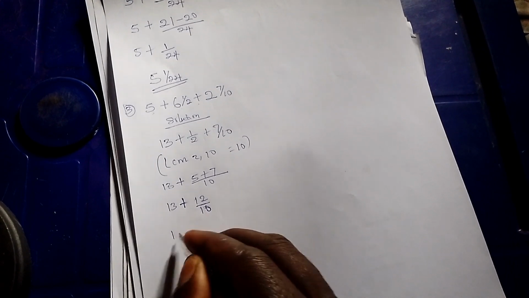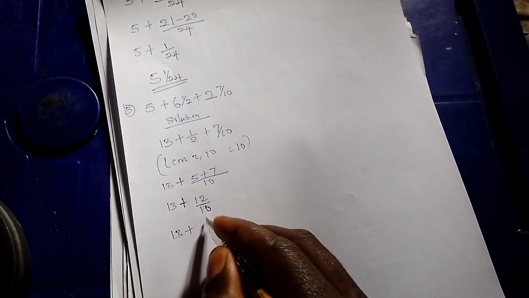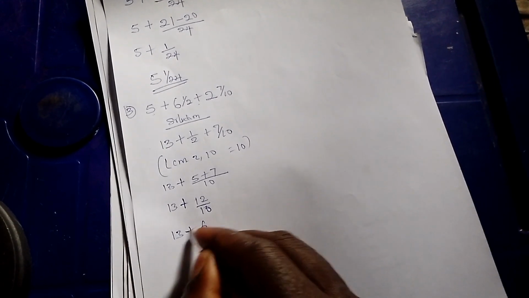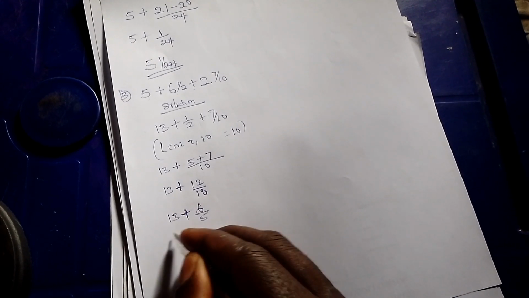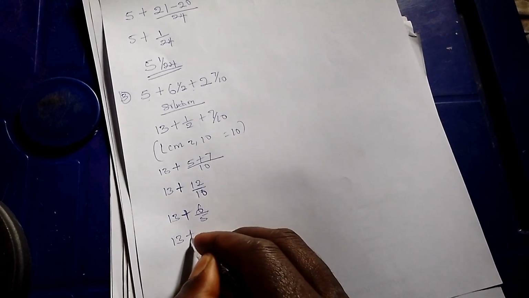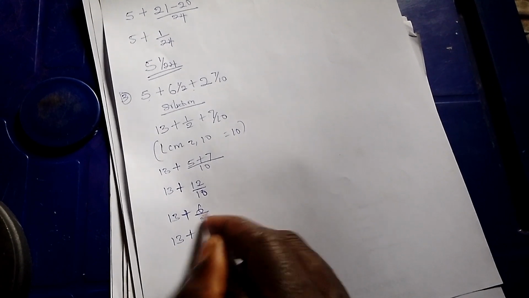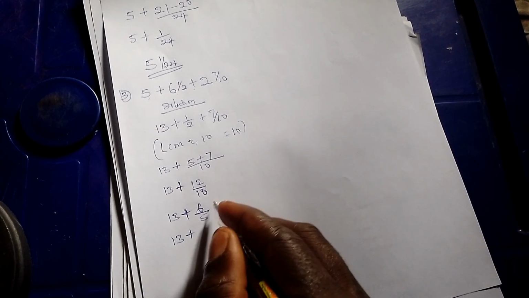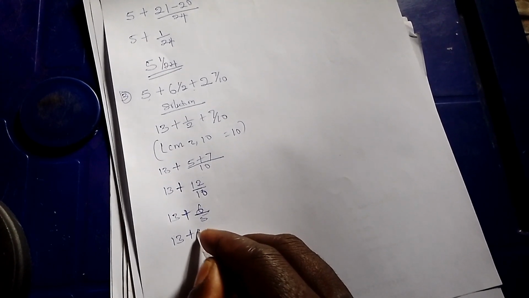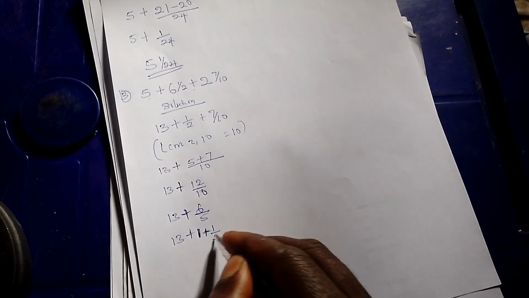Then this one becomes 13 plus, let's break this one down. 2 in this, we have 6 all over 5. Then becomes 13 plus, we can't leave this thing. Yeah, this is an improper fraction. We change it to a proper fraction. It says that 6 divided by 5, you have 1 plus what is remaining is 1 over 5.